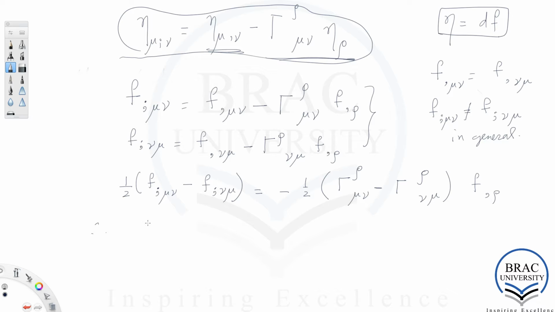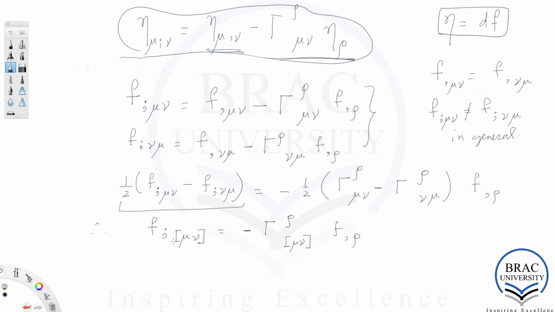Therefore, this is nothing but, according to the definition of the antisymmetrization bracket, f semicolon bracket mu nu is equal to negative gamma rho bracket mu nu f comma rho, which again tells us that this generally is not zero.